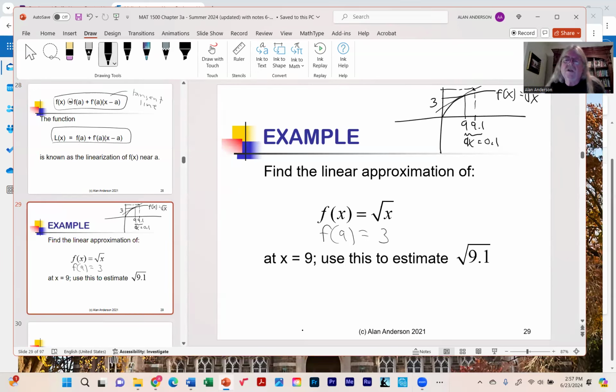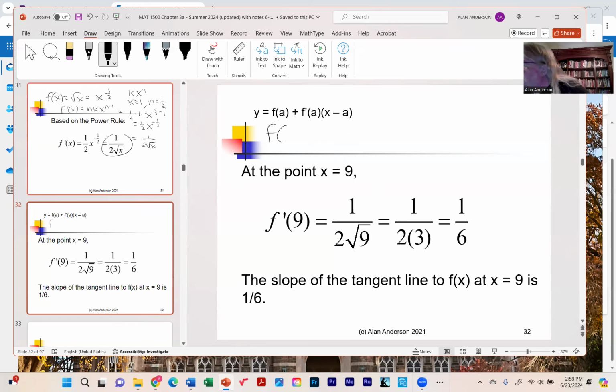Let's go grab that function again, just so it's all together in one place. So once again, we know that the function is the square root of x. a is 9. f of a is therefore radical 9, which is 3. f prime of x is 1 over 2 radical x.